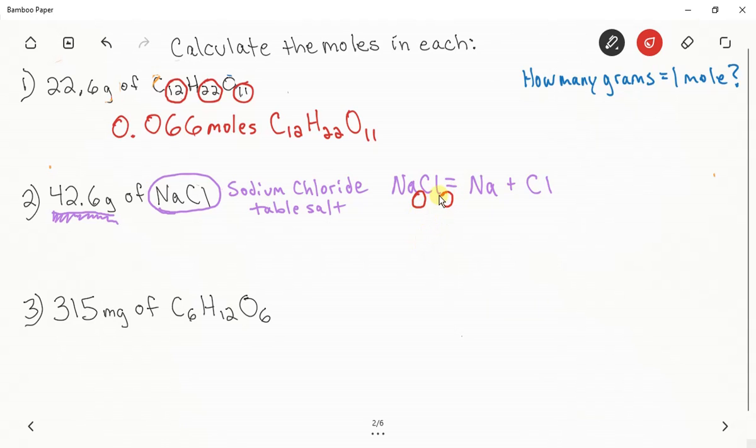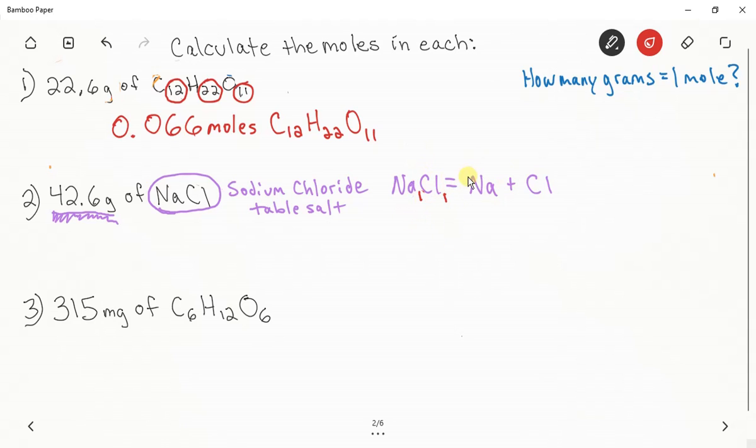It's blank. So that means it's implied that it's just a 1. Nobody writes Na1, chlorine 1. They just leave it blank, and you just have to know that that means 1 and 1.